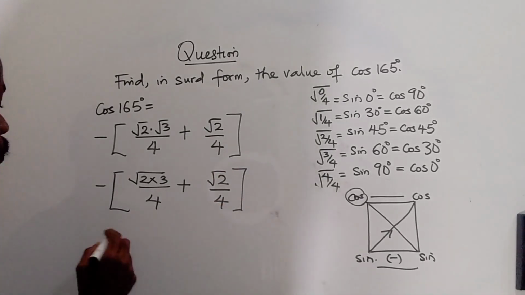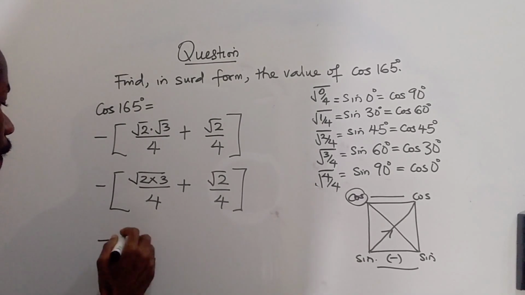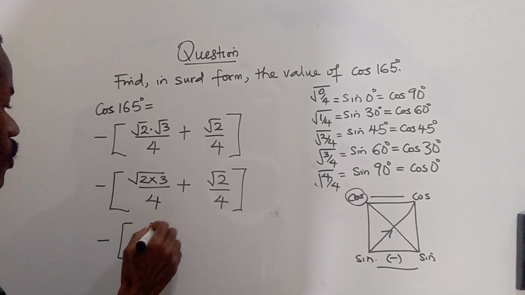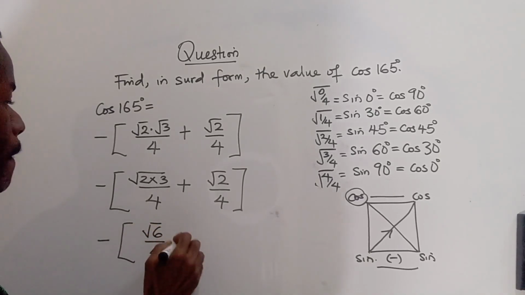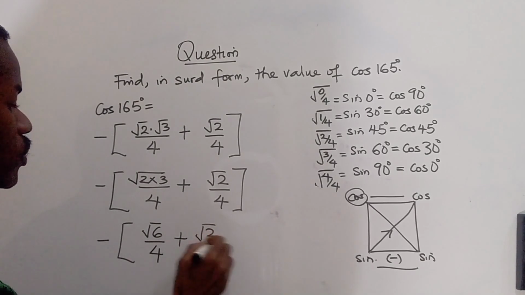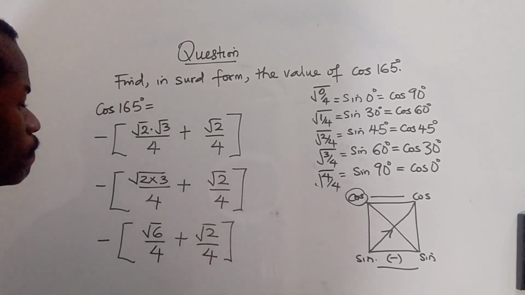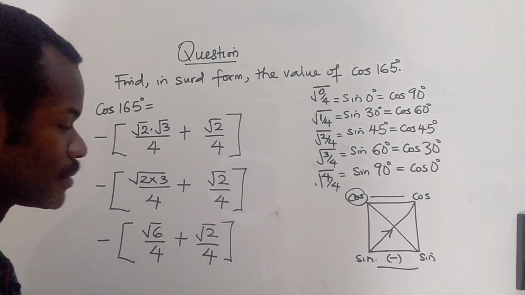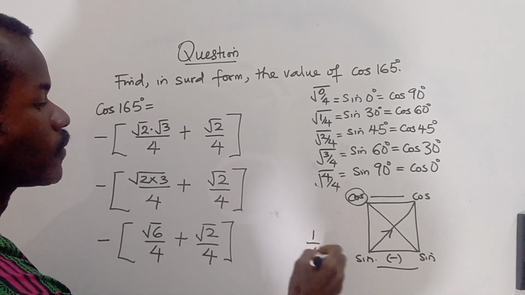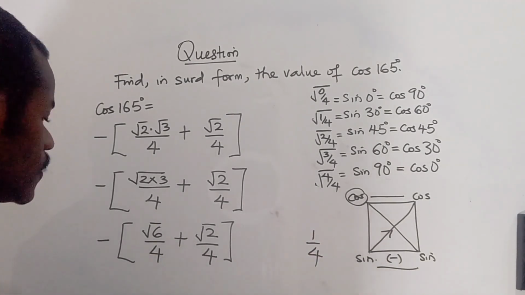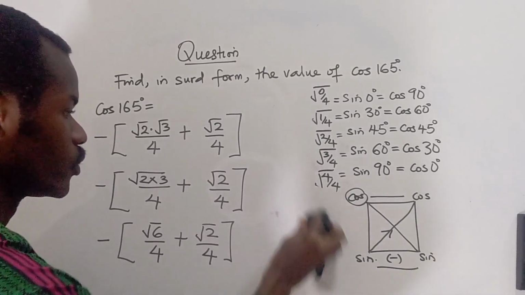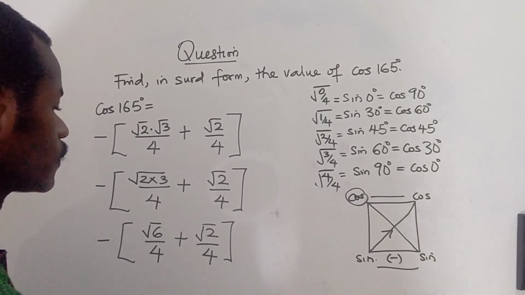Now 2 times 3 here is 6, so square root of 6 divided by 4 plus square root of 2 divided by 4. If we observe this and realize that 1/4 is common here, all we need to do is bring out our 1/4.